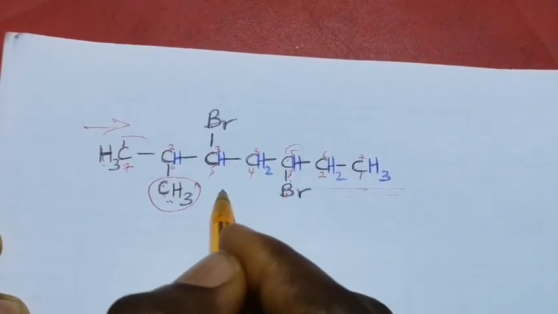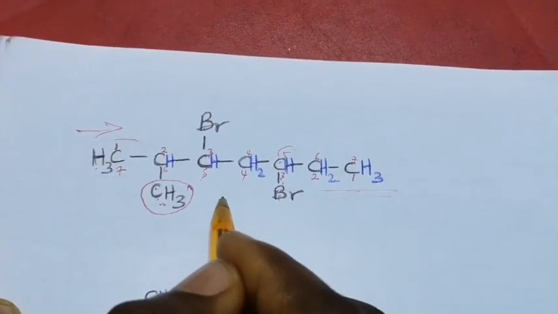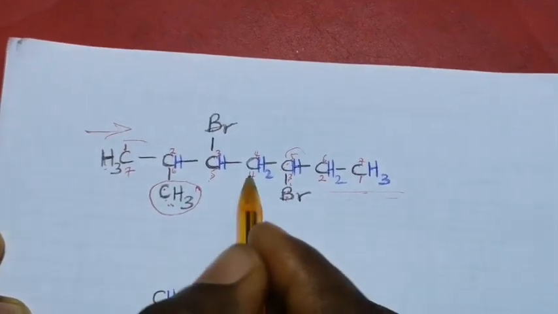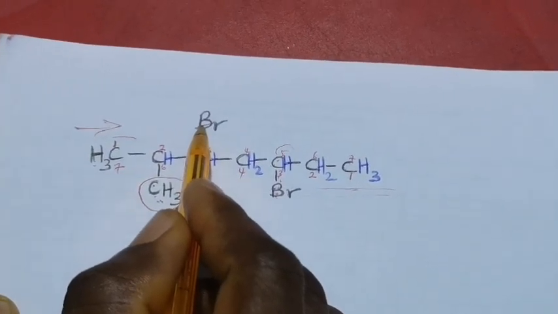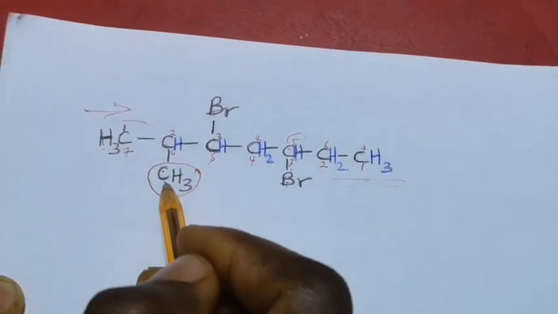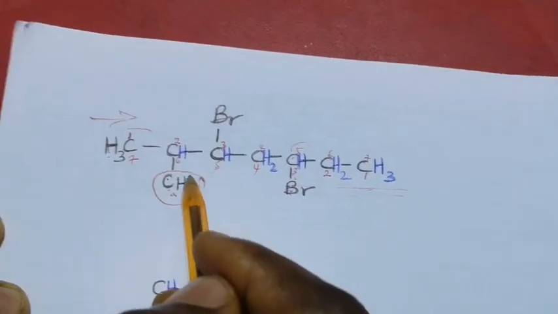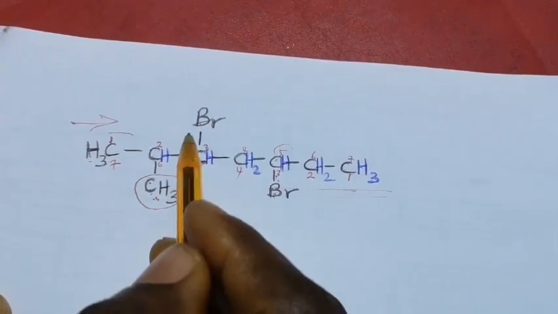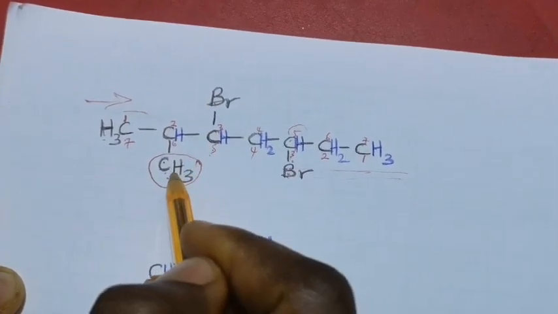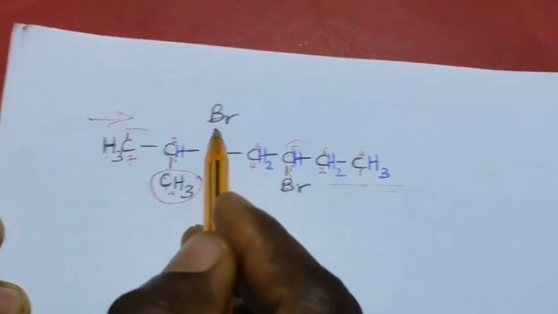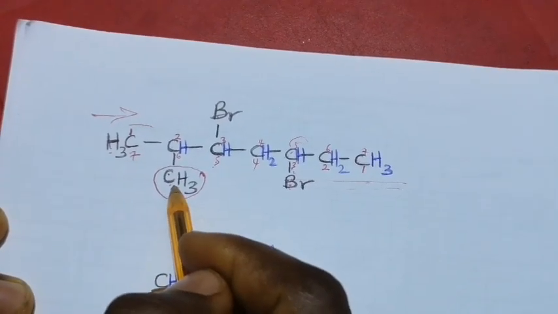Now the next thing we are going to do is to recognize the organic and the inorganic substituents. The inorganic substituent we have here is bromine, and the organic is methyl. According to the rule, we should name the inorganic substituent first before the organic. So we are going to name bromine first before methyl.